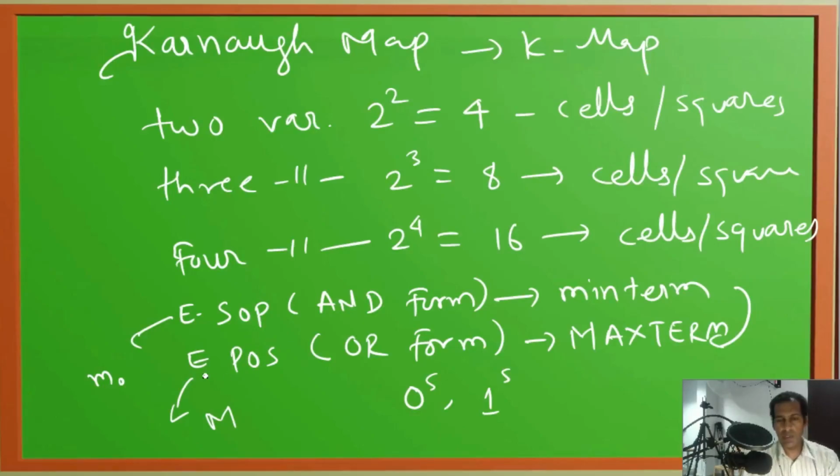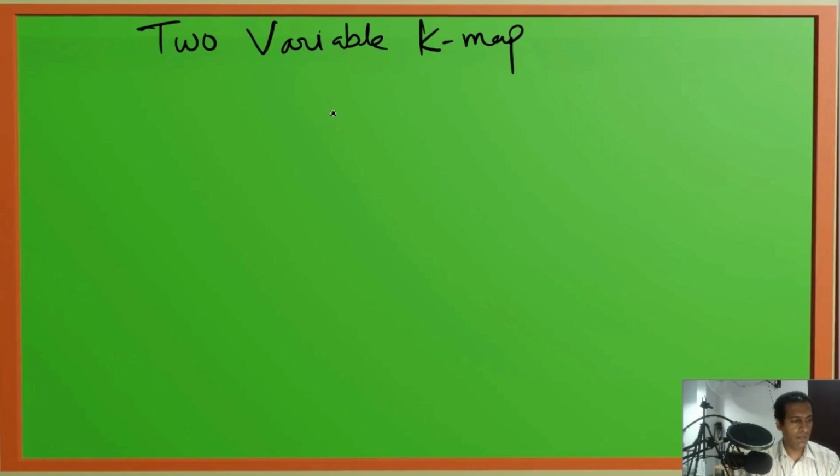So let us now see some examples about the 2 variable K-map. A 2 variable expression can have 2 to the power 2, that is 4 possible combinations.